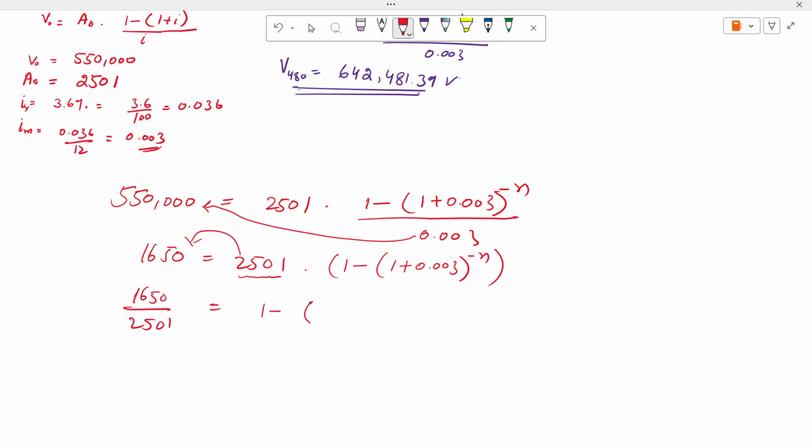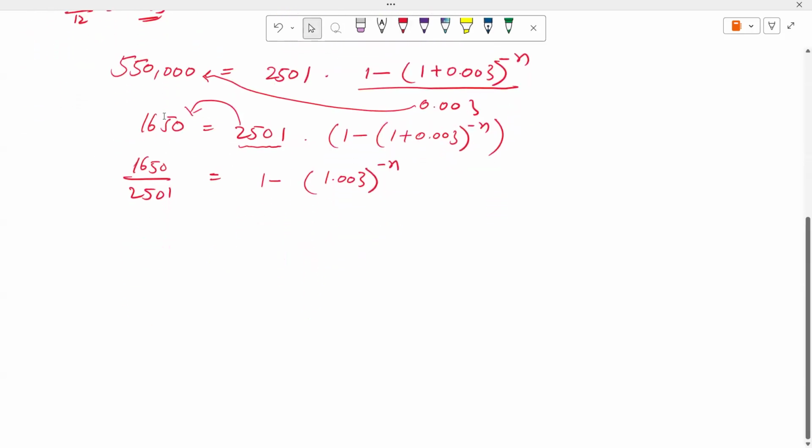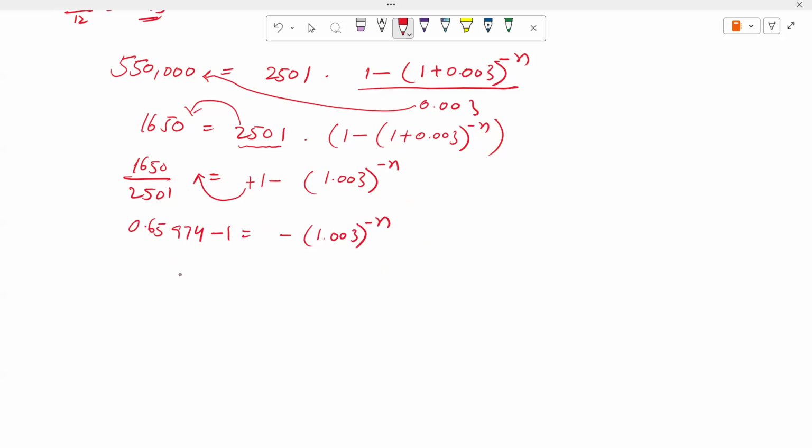So on the right side I would be left with 1 minus 1.003 to the power minus n, and on the left, 1650 divided by 2501, which gives 0.65974. Since the 1 is positive on the right, if I bring it to the left side, I get 0.65974 minus 1, which equals minus 0.3426. That equals minus 1.003 to the power minus n.